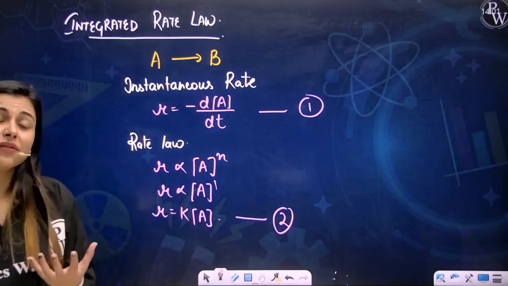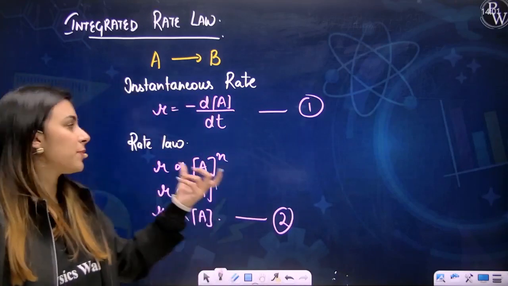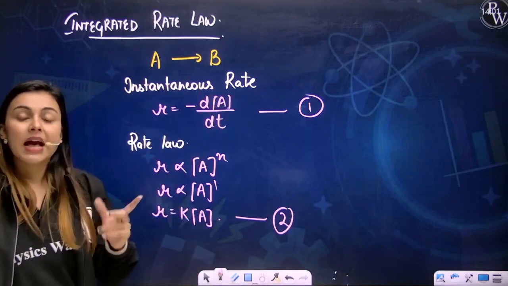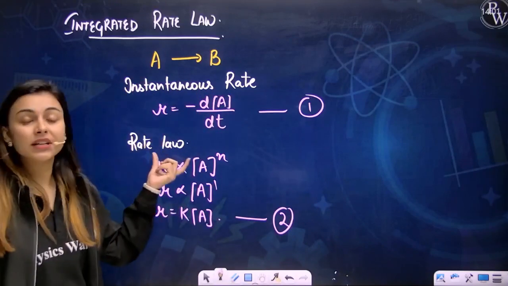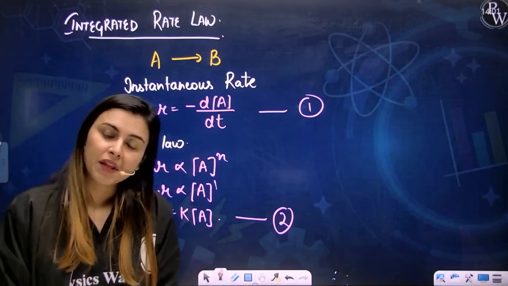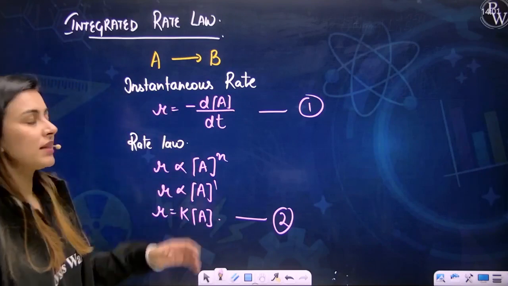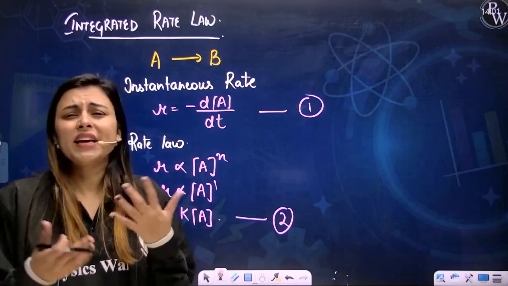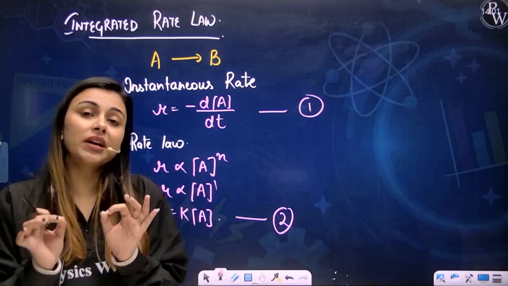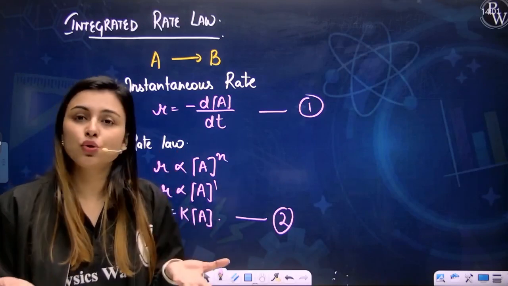So now we have two different expressions. The first expression is for the instantaneous rate, and the second expression is the rate from the rate law, that is R is equal to k[A]. These are the two rate expressions. As long as it is the rate of the same reaction, they both should be equal.